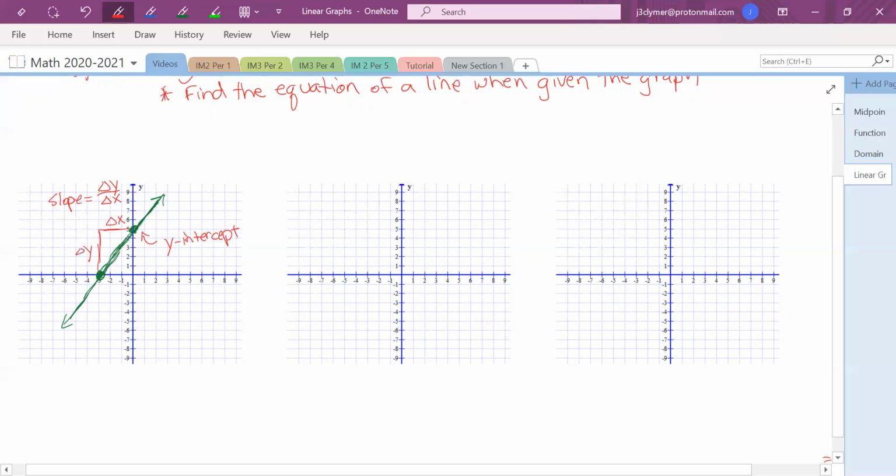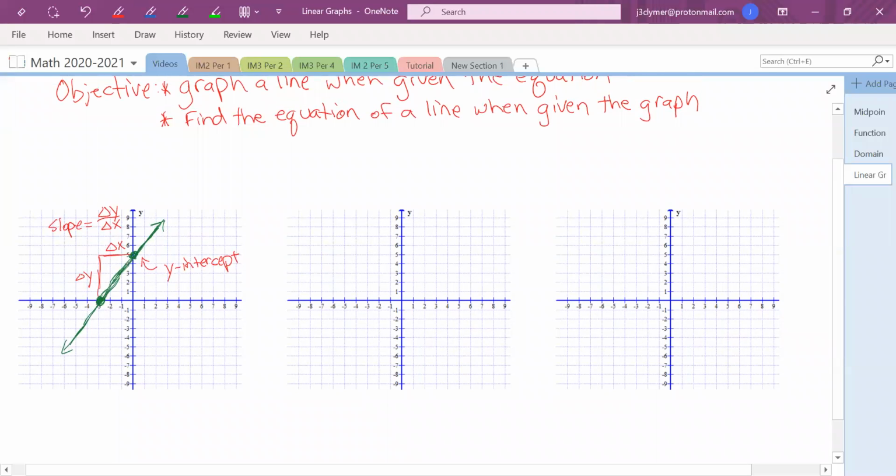All right, so the general equation looks like this. This is the general equation for a line. Now, there are different forms, but the one we are specifically looking at is called the slope-intercept form.